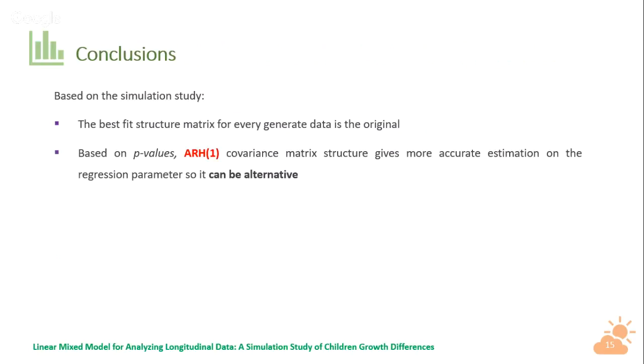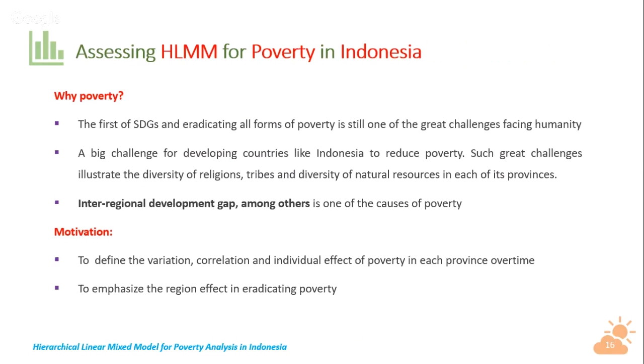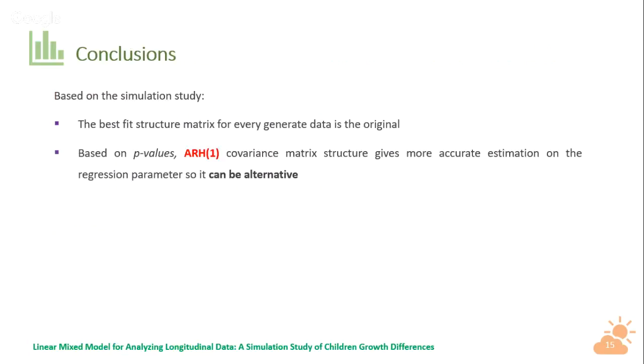And based on the p-value, the heterogeneous first order autoregressive covariance matrix also gives a more accurate estimation of the regression parameters. So in longitudinal data with a linear mixed model, heterogeneous first order autoregressive can be an alternative beside the unstructured variance-covariance model.